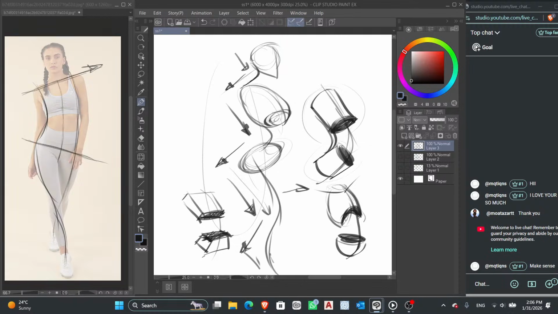If I'm going to show that on the drawing we have, she is looking like this. The rib cage will be shown like this. I'm already seeing the lower part of the rib cage.